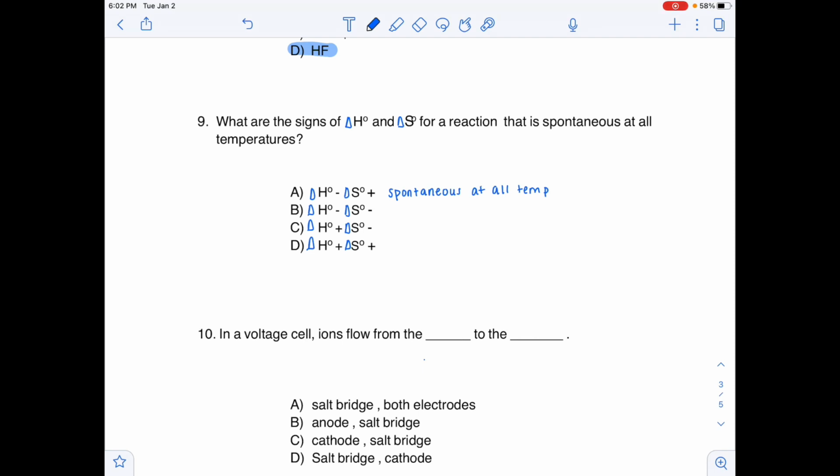For B, since the delta H is negative and the delta S is also negative, it's going to be spontaneous at low temps and non-spontaneous at high temperatures.